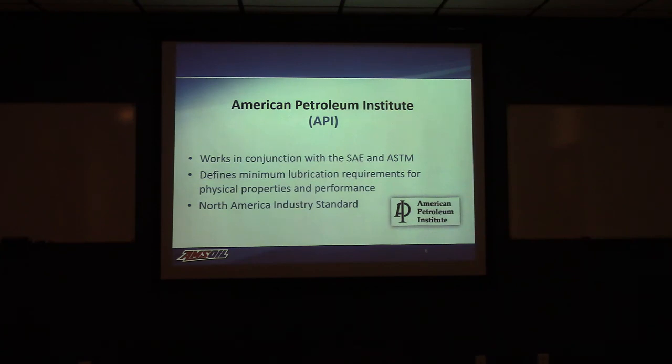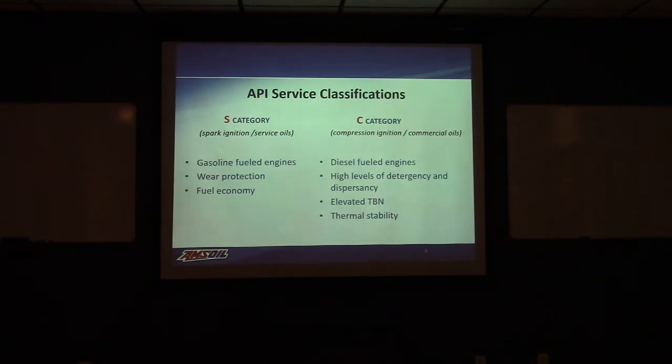It's also widely used around the world, but there are other standards, and we'll talk about those in a minute, that are perhaps a little more popular, used a little more in other areas within the world itself. But the API performance categories are probably the most widely recognized worldwide.